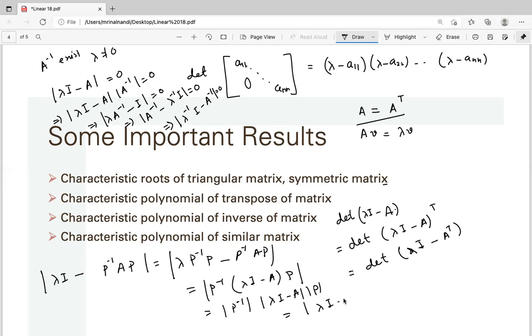So again, similar matrices have the same characteristic polynomial.